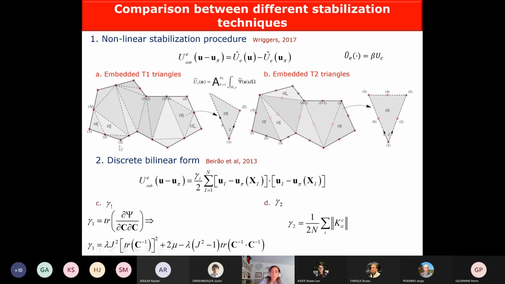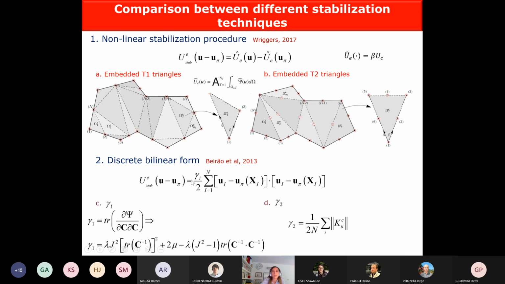We propose two different strategies for this nonlinear stabilization procedure. A first possibility is to consider embedded T1 triangles. And the second possibility is to consider instead embedded T2 triangles with additional internal nodes that have to be added.